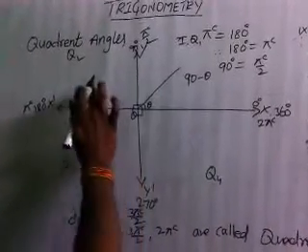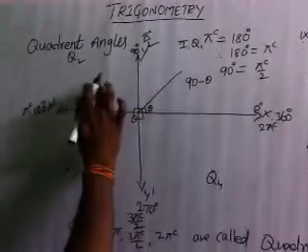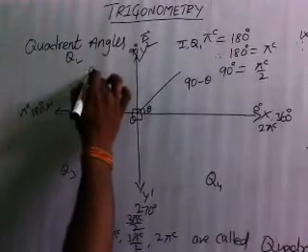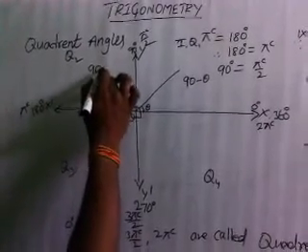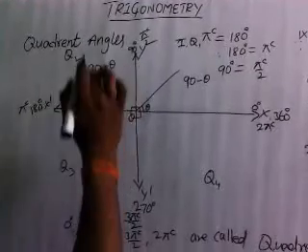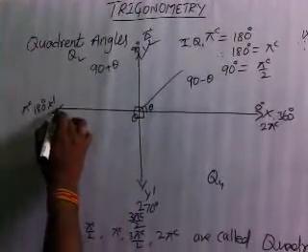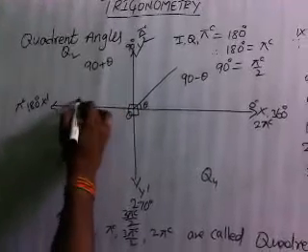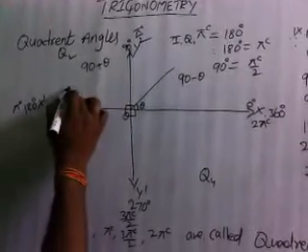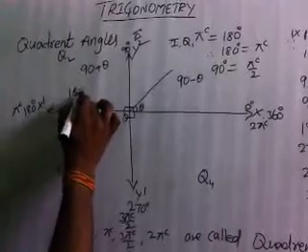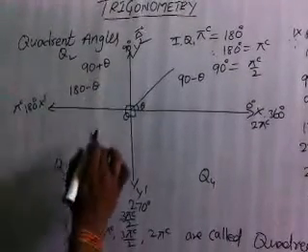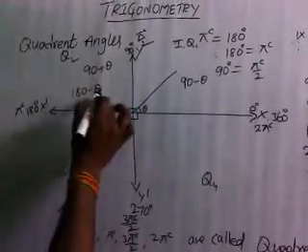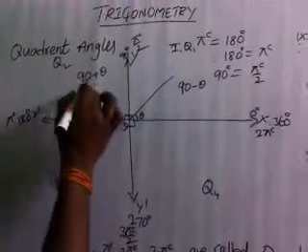For the next quadrant the angle is above 90, so 90 plus theta, and the boundary angle is 180. Any angle here is below 180 and above 90, so it can be written as 180 minus theta. So 90 plus theta and 180 minus theta are second quadrant angles.